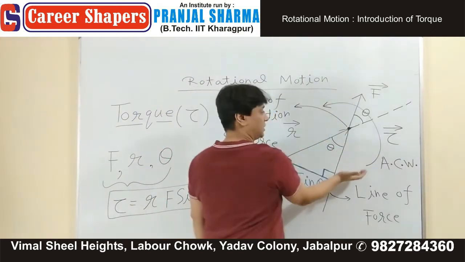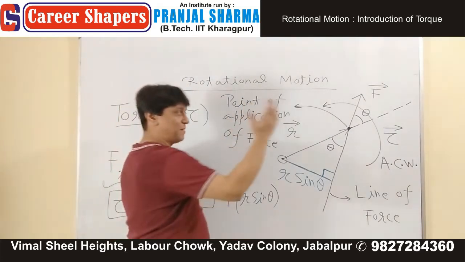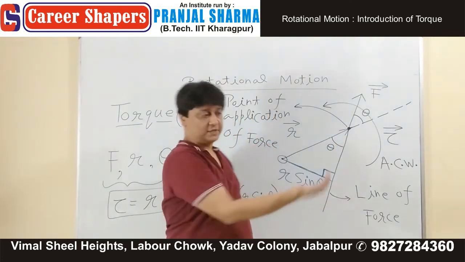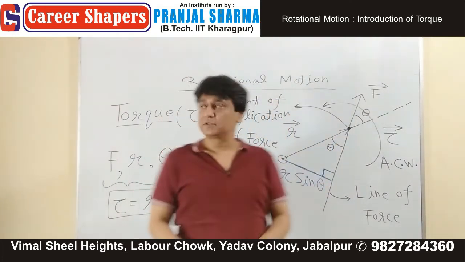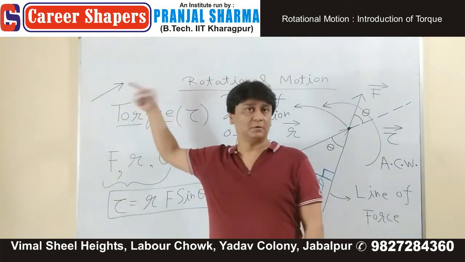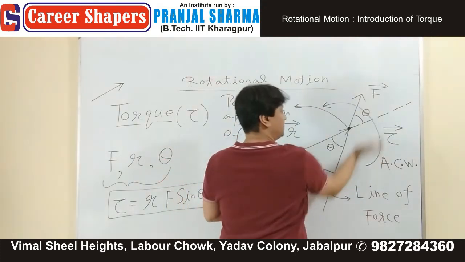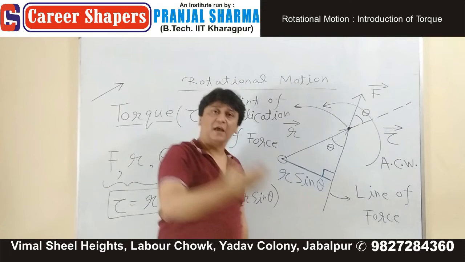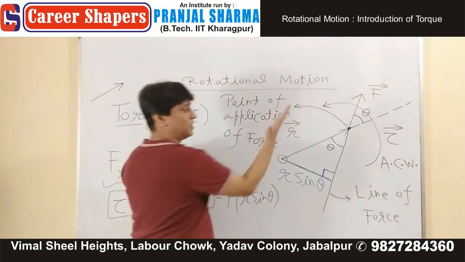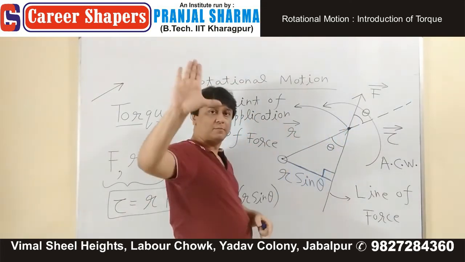This is torque. And you know that whenever you represent something like this, it's a curve. And vectors are represented with the help of what? Straight arrows. So we have to give it some directional sense. And that directional sense is what? Hold your thumb perpendicular to your palm.